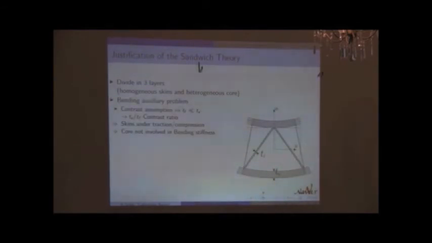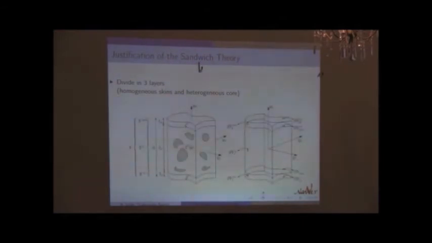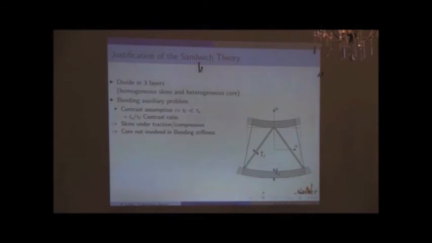I apply the bending auxiliary problem on this RVE, for which I made those specifications. If you assume that the core is very compliant, you can say that only the skins contribute to the bending energy.